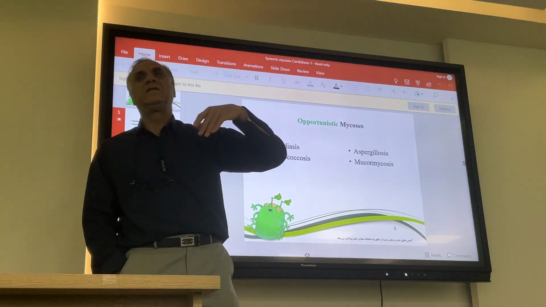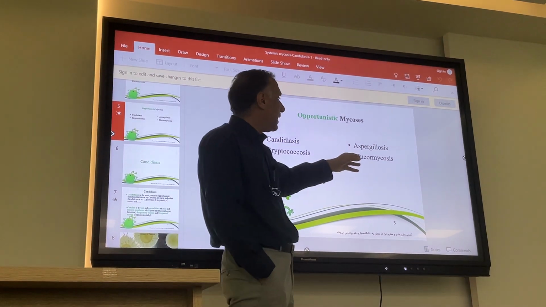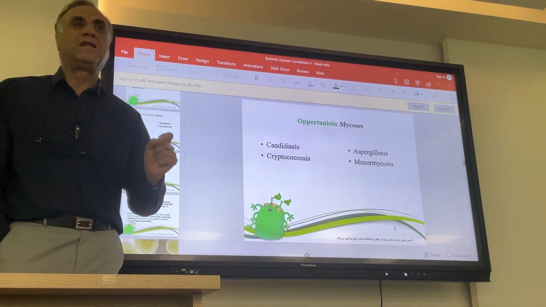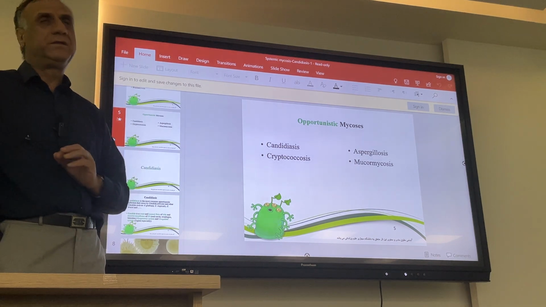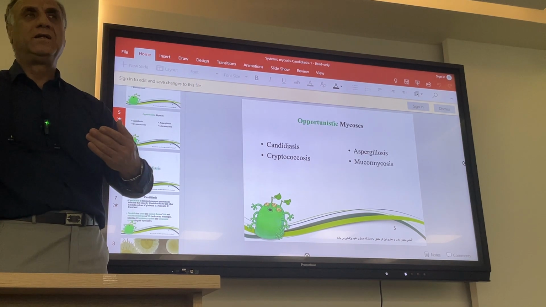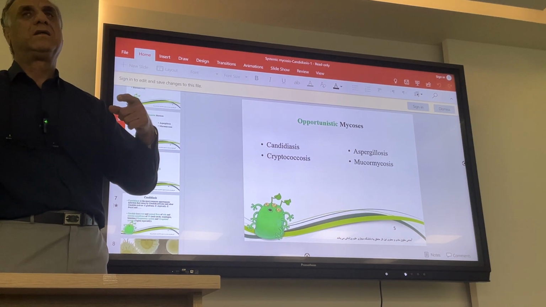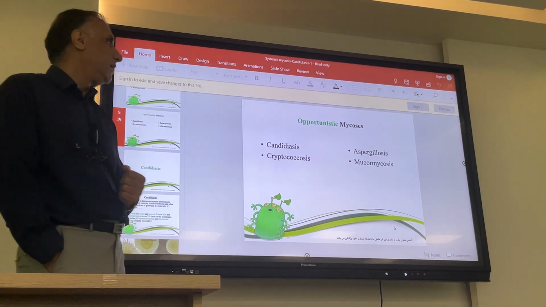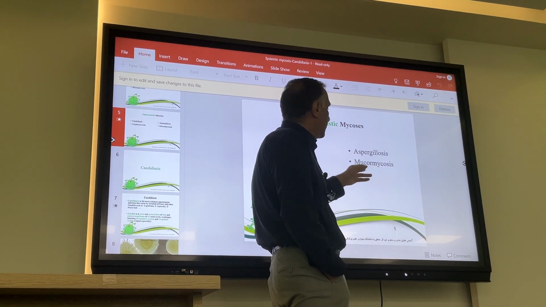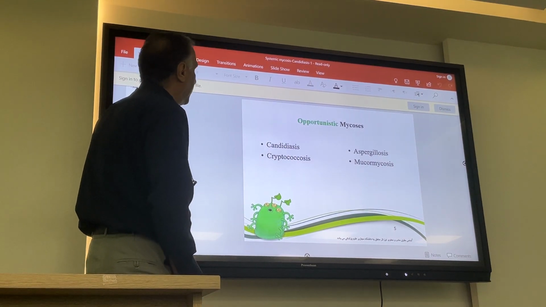Aspergillosis usually is a respiratory infection, a lung infection, and mucormycosis is an important infection that occurs in some conditions like diabetes and may lead to death because the infection can spread to the brain and shows a high mortality rate. It is dangerous in the brain type.